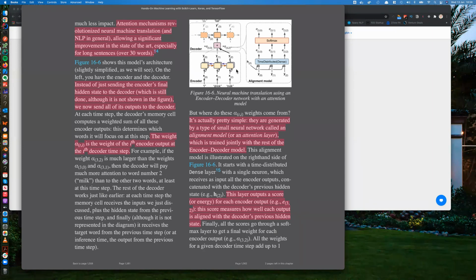"I" goes into the encoder and produces a hidden state, and then "drink" goes into the encoder and gets mixed with the hidden state. So we have a new hidden state where drink's information is there, but "I" got pushed down, and then milk goes into the encoder. Now the hidden state gets updated with milk, but milk itself is sitting on the top of the stack rather than the bottom of the stack. Yes, that's what I'm trying to say.